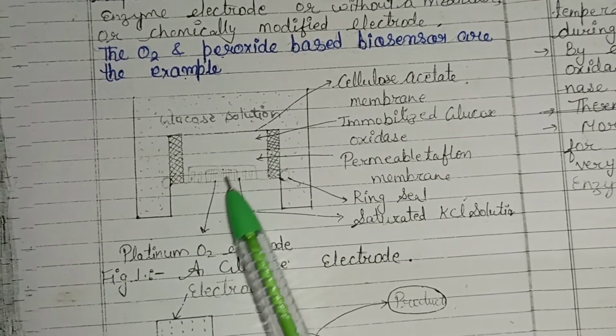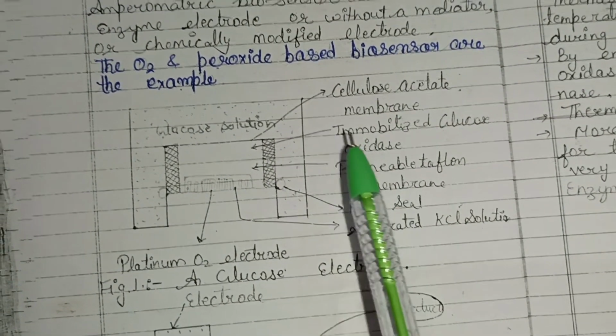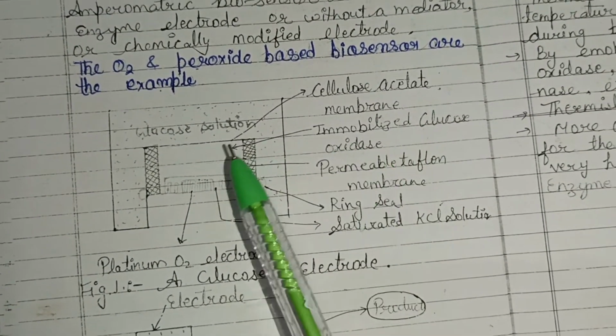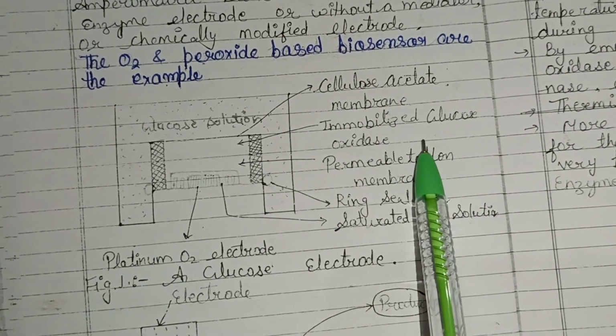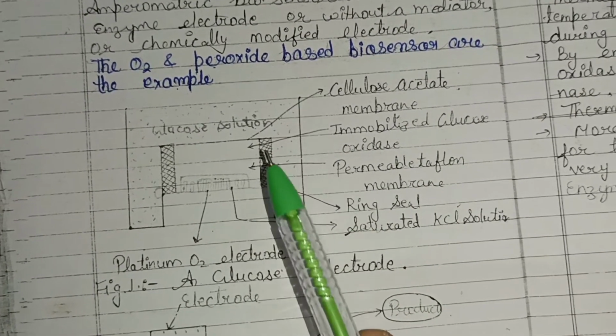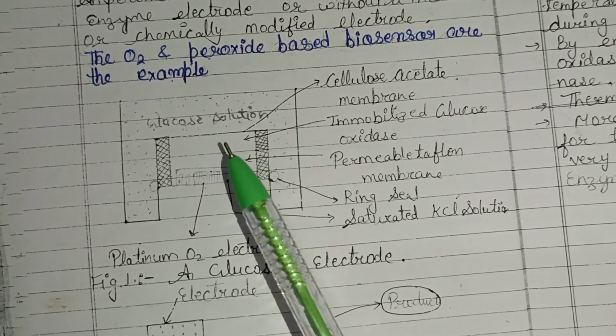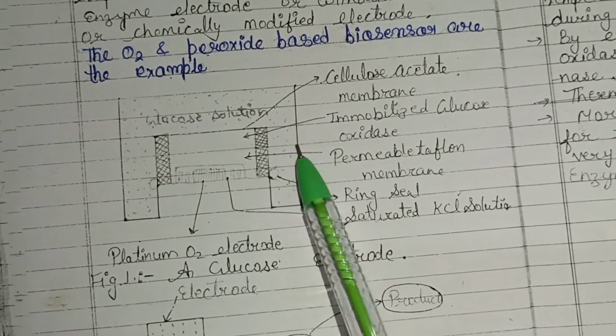Platinum oxide is used, and the cellulose acetate membrane is present. Immobilized glucose oxidase, an enzyme, is used as the biological component. The permeable Teflon membrane is also present, and a ring seal is also there.